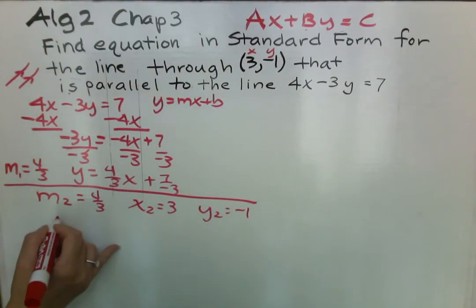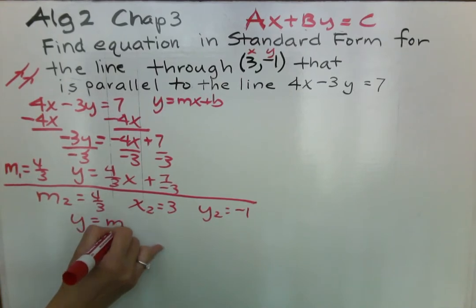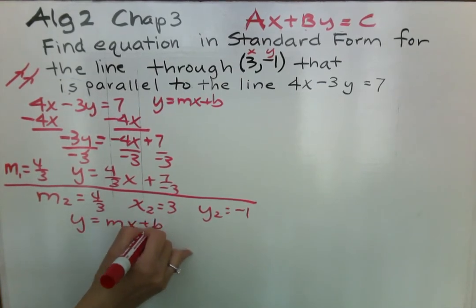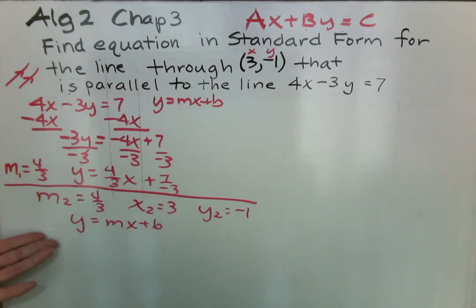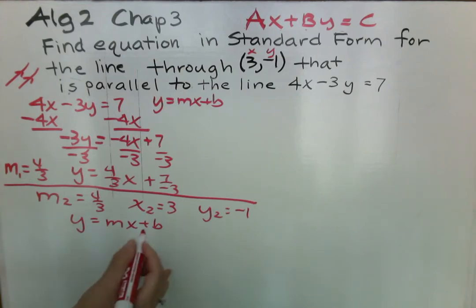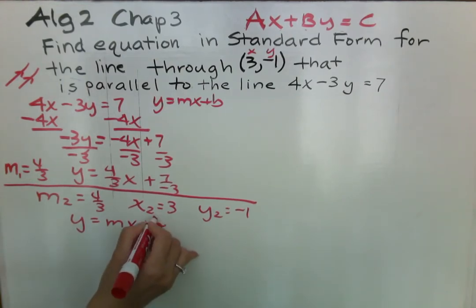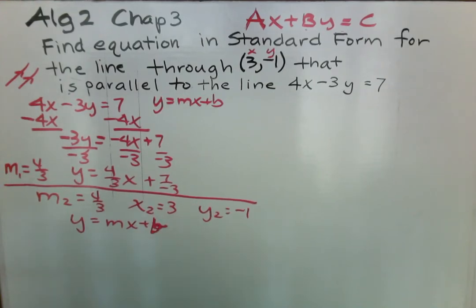And we're going to plug it into our y equals mx plus b form, because we've got an x and y and a slope. So naturally we would just plug it into an equation that has x, y, and slope. Some students want to plug it into point-slope, but I actually think this way is a little bit easier.